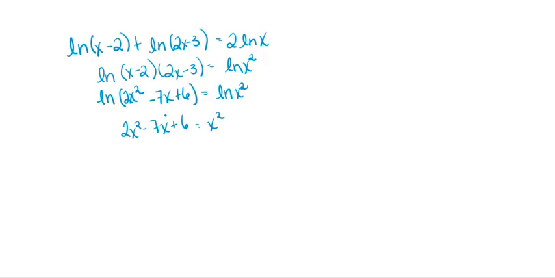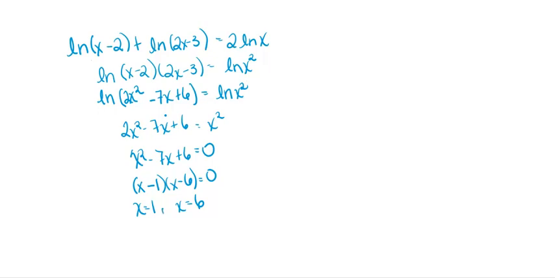So I'm going to subtract x squared from both sides, and I'm going to get x squared minus 7x plus 6 equals 0. Can that be factored? Yes, it can. I can multiply two numbers to get a positive 6 and add them to get negative 7 when I use negative 1 and negative 6. So x is either going to be equivalent to 1 or x is going to be equivalent to 6.